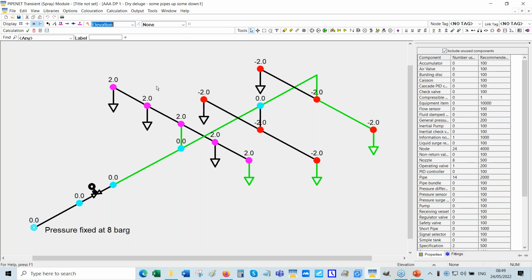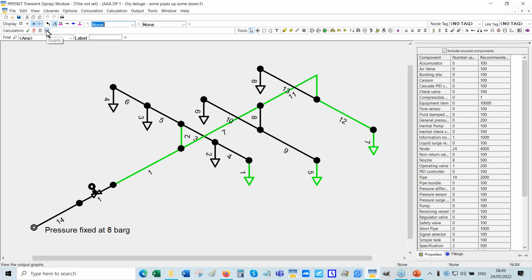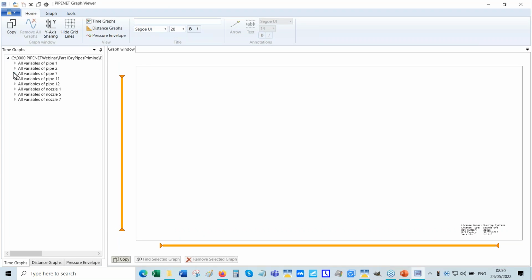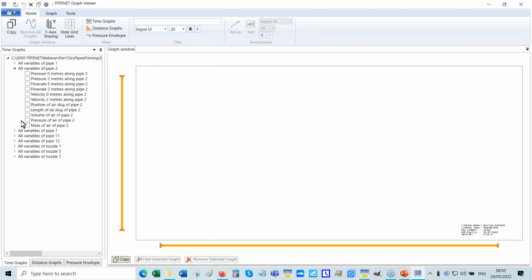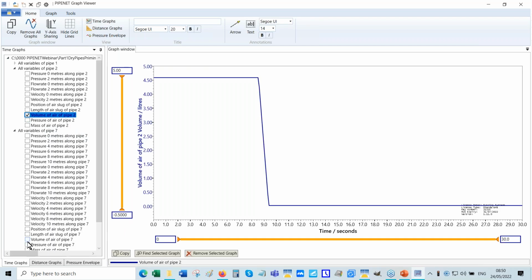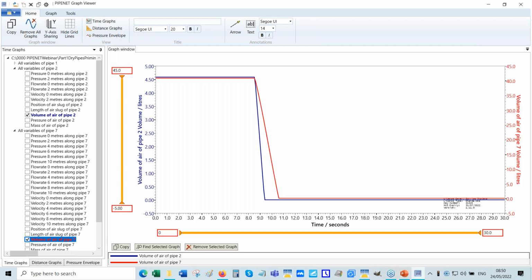Let's look at what's happening in pipe 2 and pipe 7. Let's compare them, keeping in mind that pipe 2 is going up, whereas pipe 7 is horizontal.